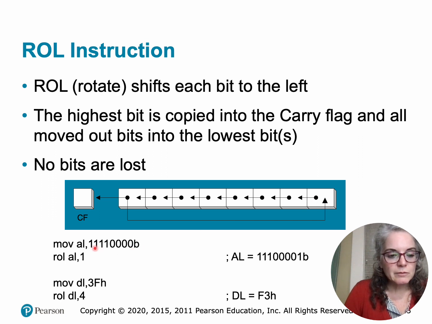Here's an example. We have this binary number, and we're going to rotate it 1 to the left. So the 1, the carry flag, gets moved out, and then we take that 1 and copy it to the back. So our new number is 1110001. We just took this 1 on the left and copied it to the back, and that 1 also became our carry flag.